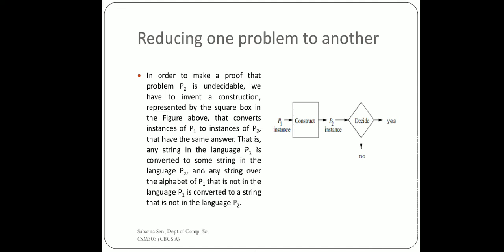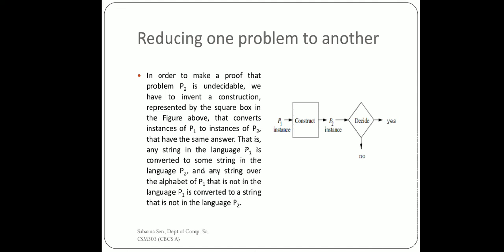We know that for one instance my P1 can decide yes, and for another instance my P1 can decide no. If we can map successfully, that means P2 will work in the same manner.